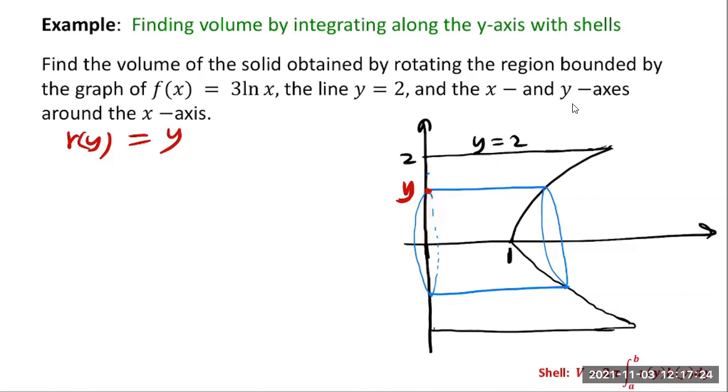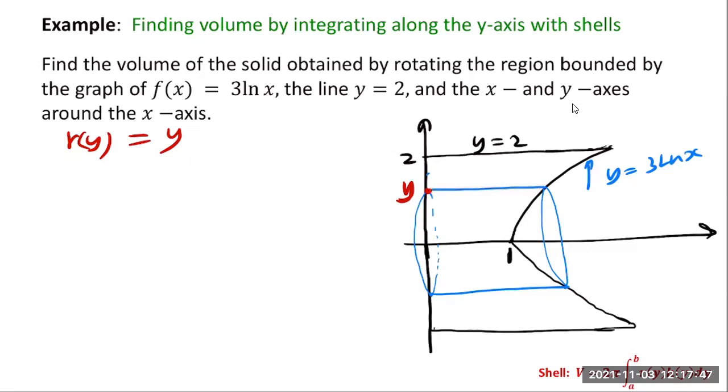And then what is the height of that shell? That is this length. I need to get this length in terms of y. Can I get that? Of course, yes, because I know this equation. This equation is y is equal to 3 ln x. From this one, I can find the inverse of this function to find this length in terms of y.